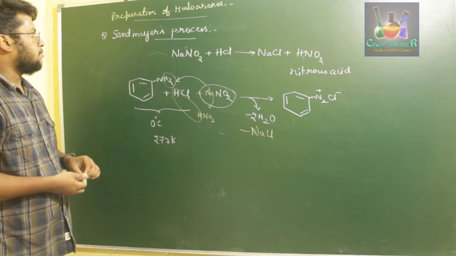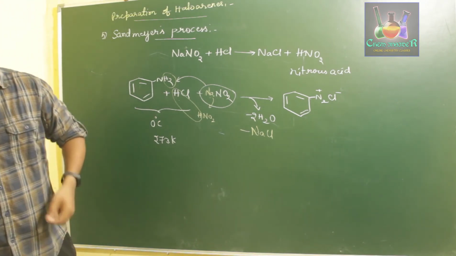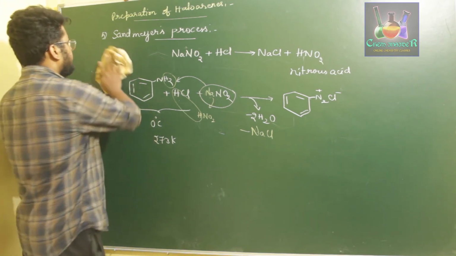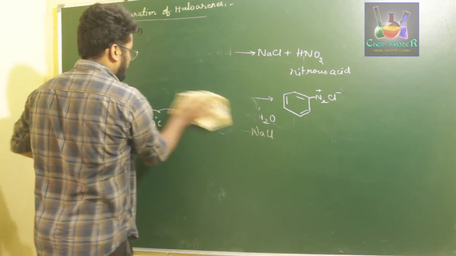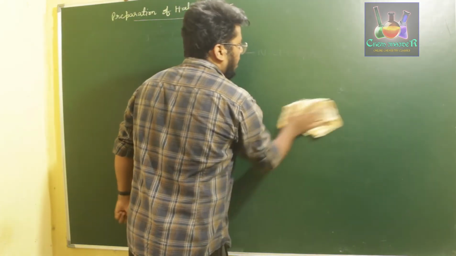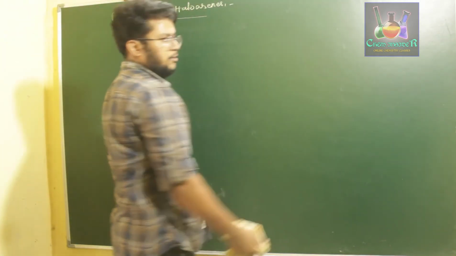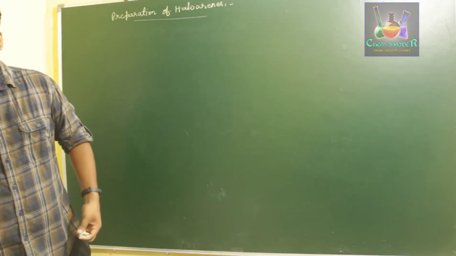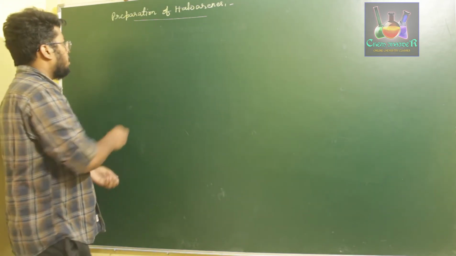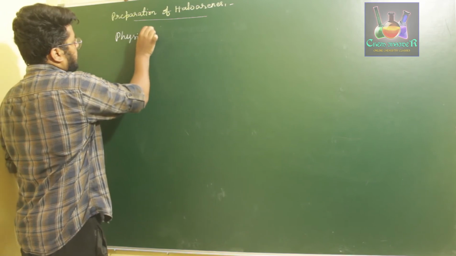Next, we are going to discuss the physical properties of haloalkanes and haloarenes. For the physical properties of haloalkanes and haloarenes, one thing we have to remember is that the bond between carbon and halogen is highly polar. That is because there is a huge electronegativity difference between carbon and halogen.